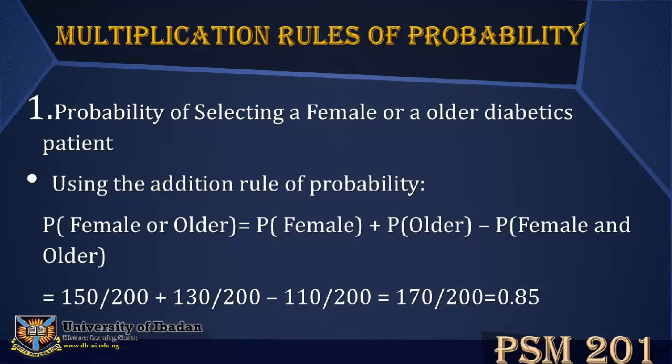P(female or older) equals P(female) plus P(older) minus P(female and older), 150 over 200 plus 130 over 200 minus 110 over 200 equals 170 over 200, which is equal to 0.85.